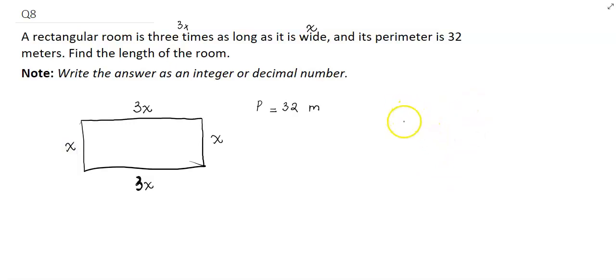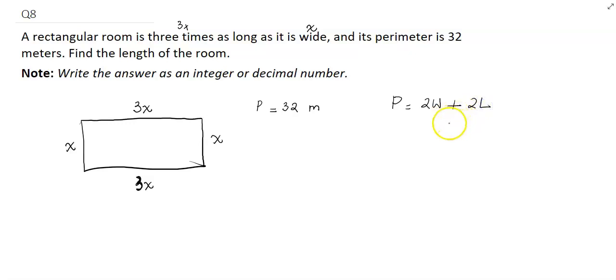Now, definition of perimeter. You know that the perimeter is when we add all the sides of a shape. In this case, it's a rectangle. I can add everything around and say that this is 32, or I can use the formula. The formula for perimeter is 2W's plus 2L's.